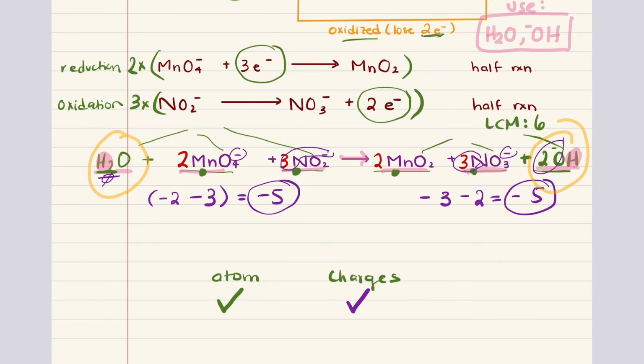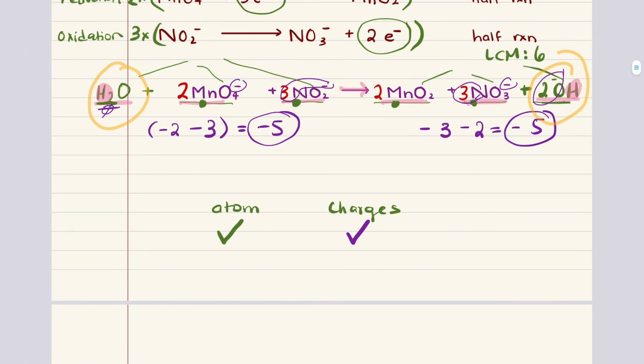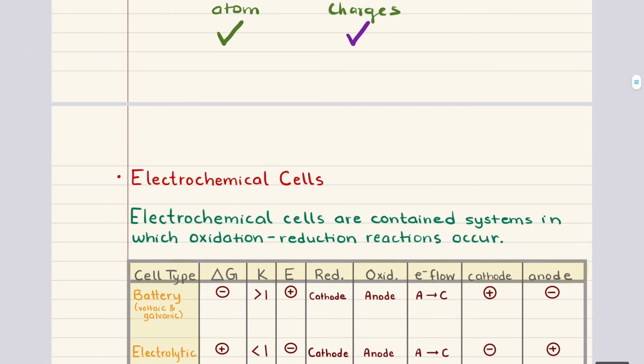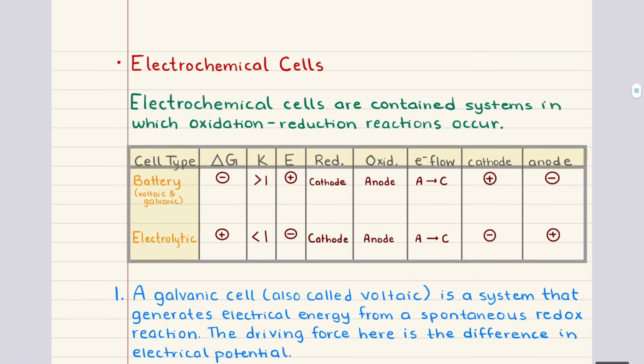But the side-by-side view is helpful to allow us to see the slight differences between the two. And it's also helpful when we transition to electrochemical cells, because these coefficients become the stoichiometric basis for current and for the movement of charge through the circuit.